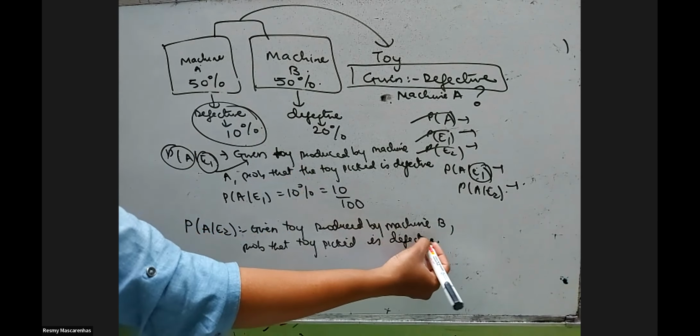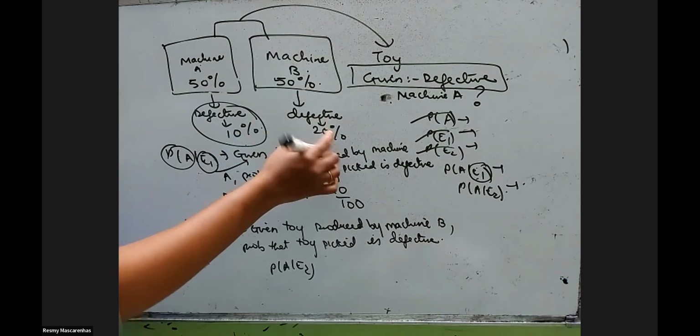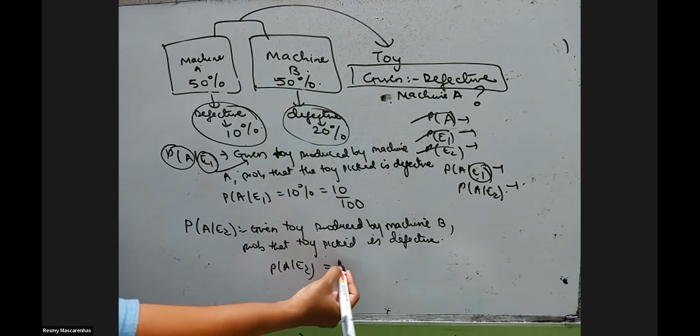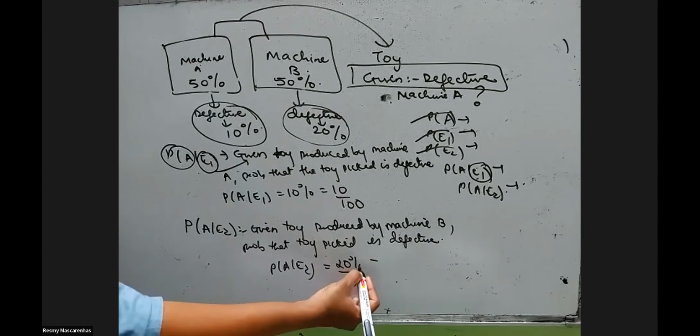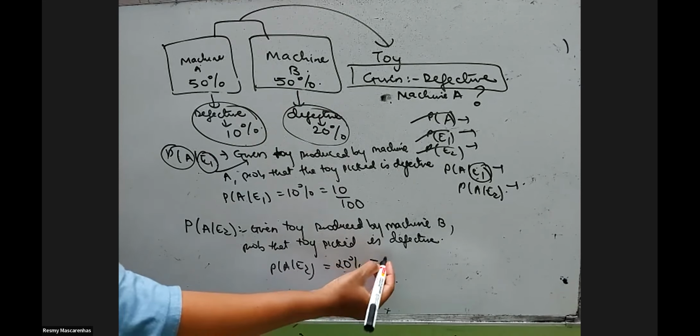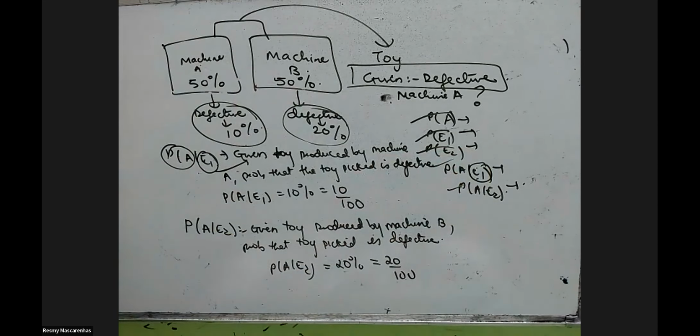A is the same, no? A will not change. P of A upon E2. If it was picked from machine B, what are the chances of it being defective? 20% chance. This is also done.